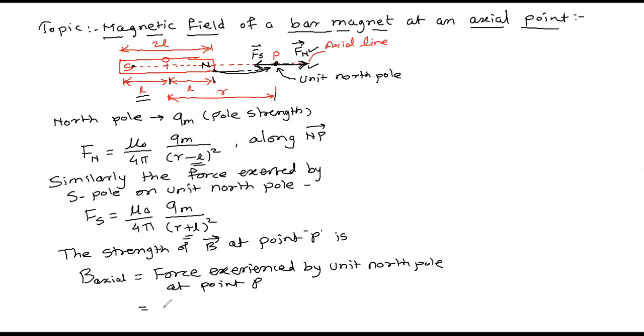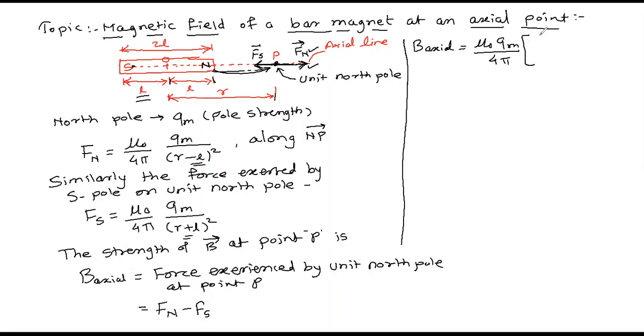Therefore I can write Fn minus Fs. By putting in the values, B axial, the magnetic field on the axial line, is equal to mu0 Qm upon 4 pi, taking Qm common, into the bracket 1 upon (r minus L) whole square minus 1 upon (r plus L) whole square.